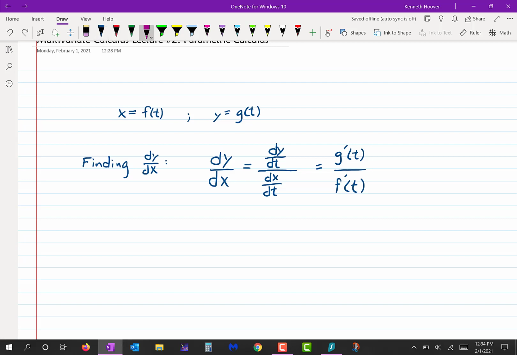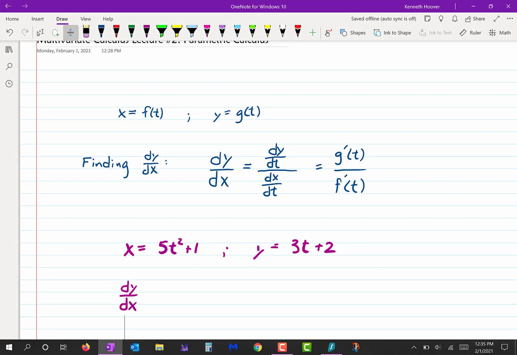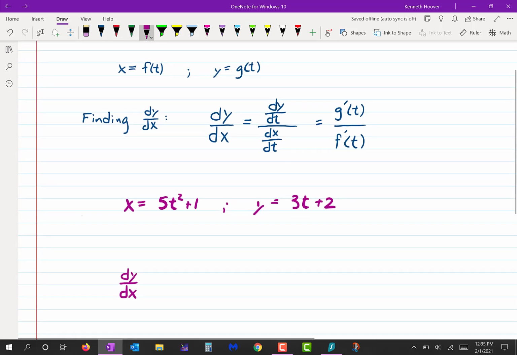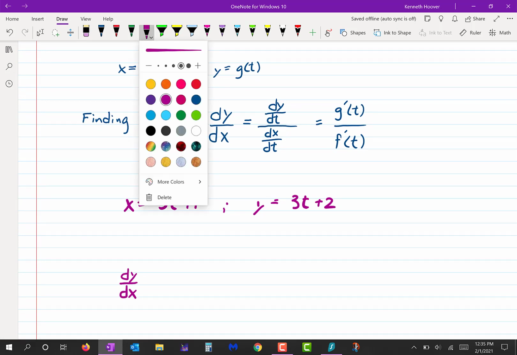Let's suppose we had x equals 5t squared plus 1 and y equals 3t plus 2. Let's find the derivative of y with respect to x. First, I'm going to calculate the derivative of both with respect to t.